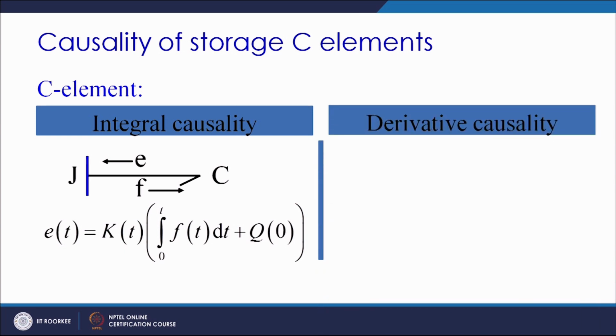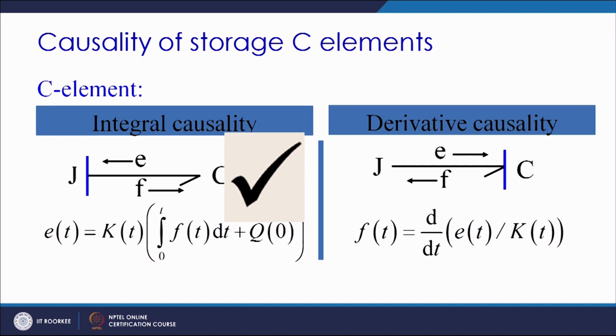Likewise, if we have the causality otherwise, that is C receiving effort and returning flow, we call that type of causality derivative causality, and the equation which is applicable here is this one. As I said, we are always interested in the integral form of causality.